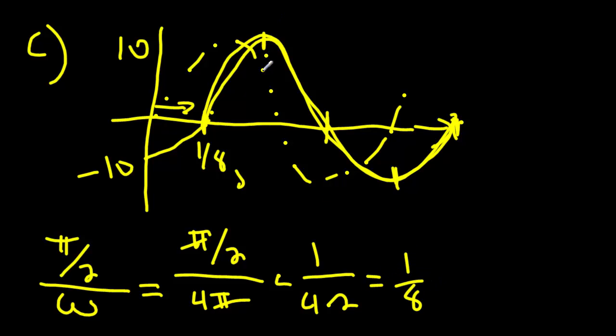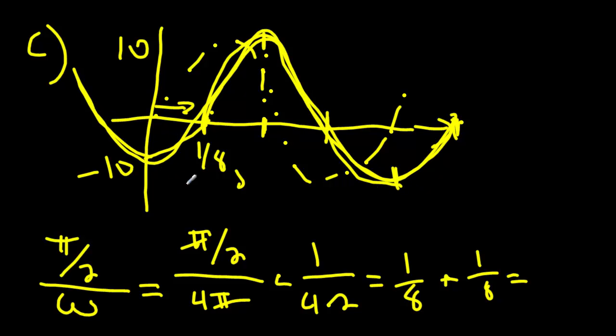So this point right here then is 1 over 8 plus 1 over 8. So this is really a negative cosine wave. And this would equal 2/8 or 1/4 second.